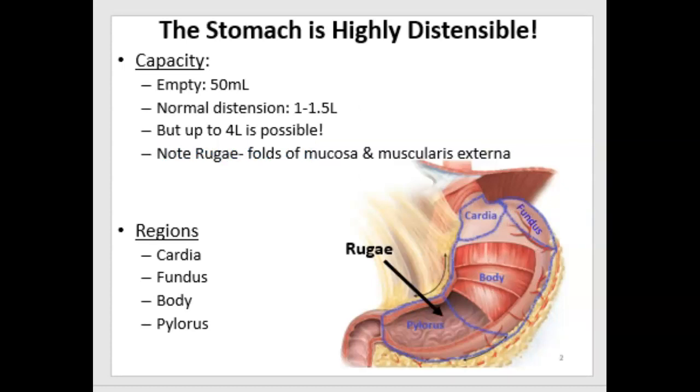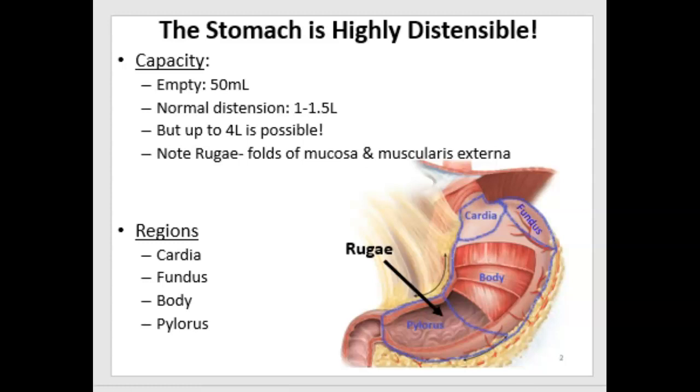So the stomach lies in the upper left quadrant of the abdominal cavity, and it's lined with the peritoneum or the peritoneal membrane. And before we talk too much about the details of the anatomy, I just want to give you some pretty amazing features of the stomach. When the stomach is empty, the lumen is still open enough to have a volume of about 50 milliliters.